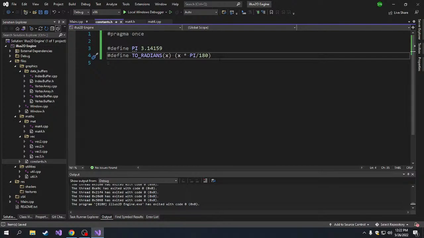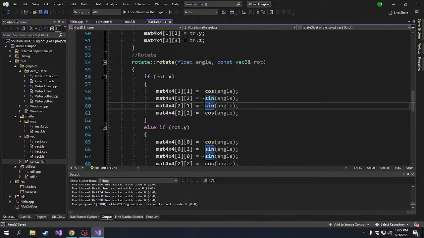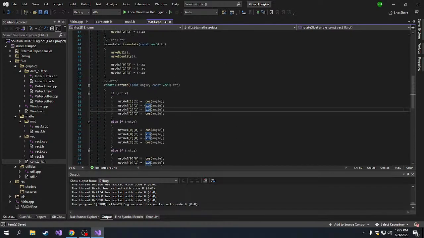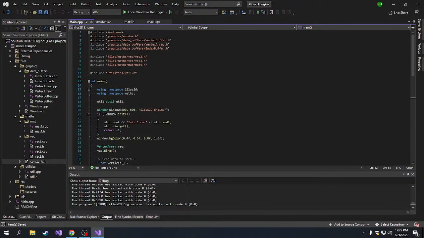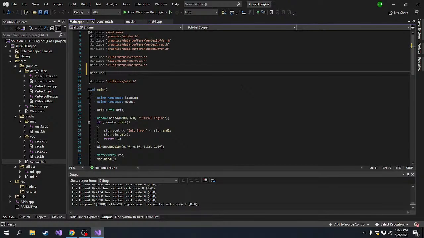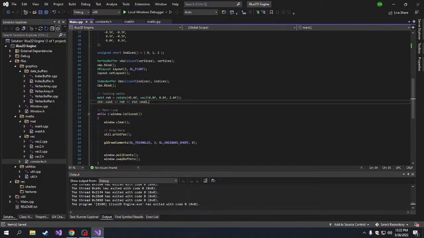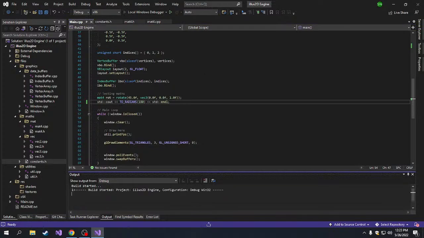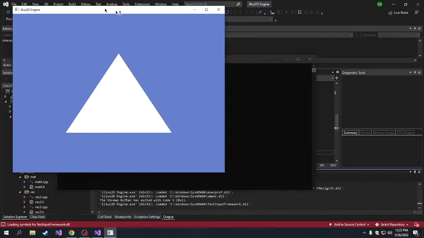Let me go to main.cpp and actually check it. I hope this works. I'll include maths constants.h. I'll try toRadians. I'll convert 180 to radians. Hopefully we get the value of pi. If we get 3.141, okay, 3.1.